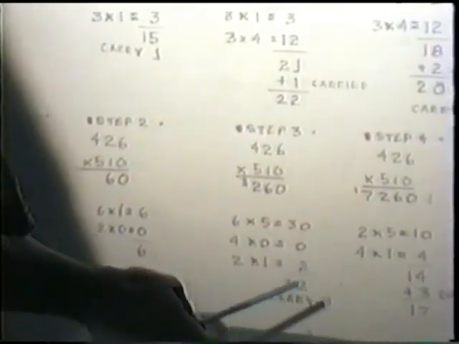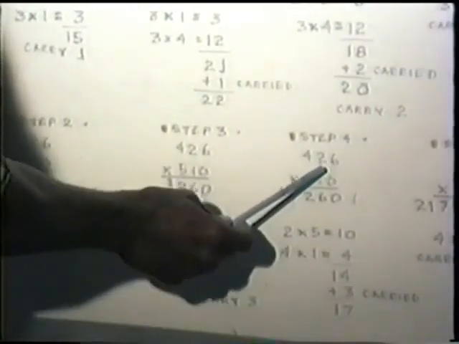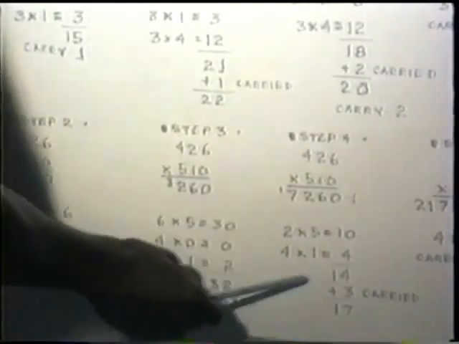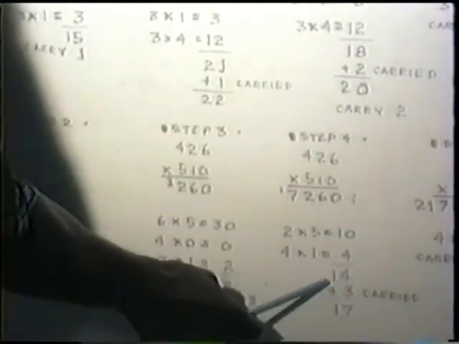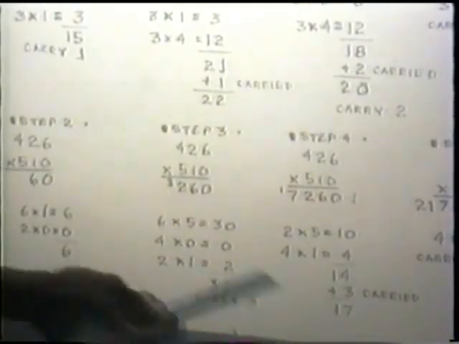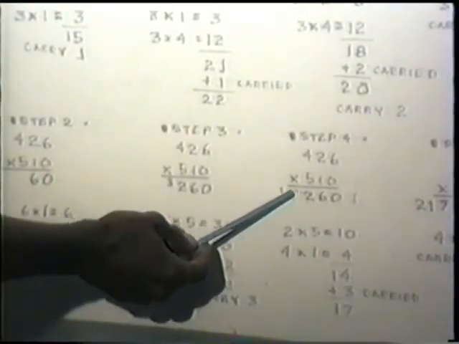Now we're into the fourth step, which is cross multiplication. 2 times 5 is 10. 4 times 1 is 4. We add it together, we get 14. Plus the 1 that we carried, remember? Which makes 17. So we carry that 1 right there.